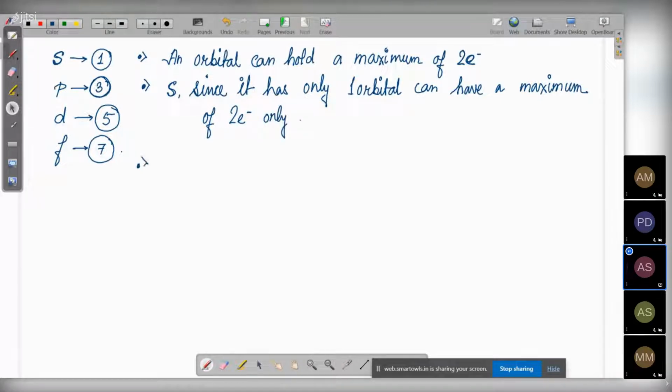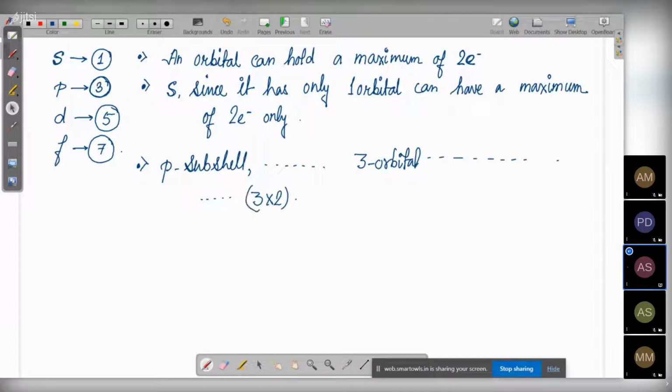But for the p subshell, since it has three orbitals, px, py, pz, it can have a maximum of 3 into 2, that is equal to 6 electrons.